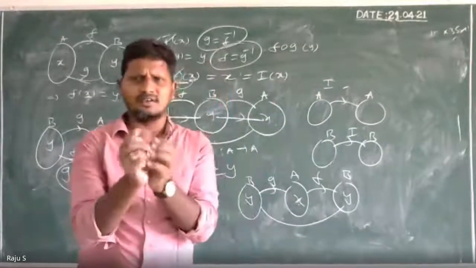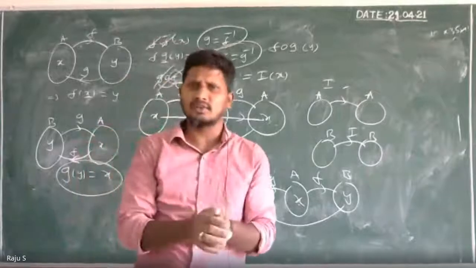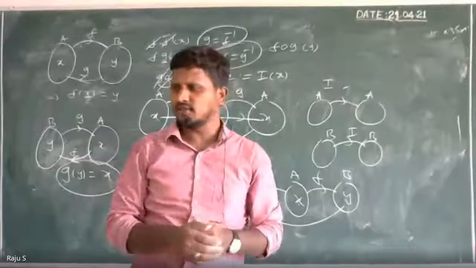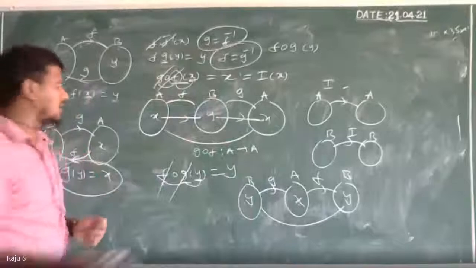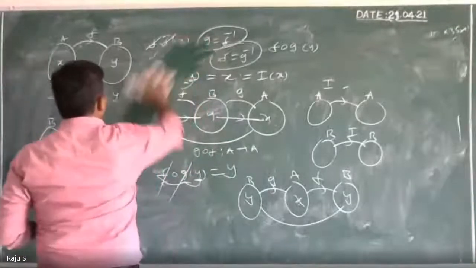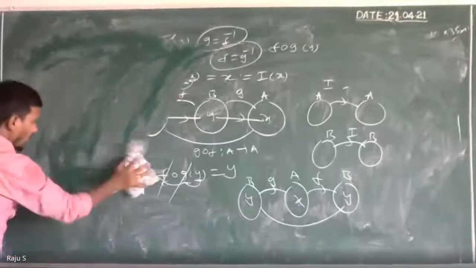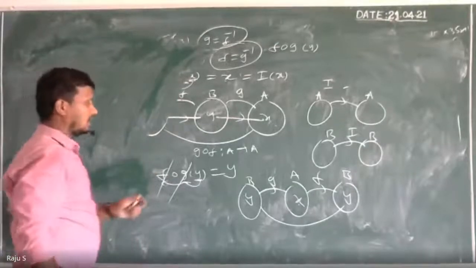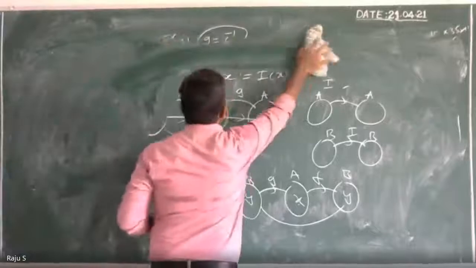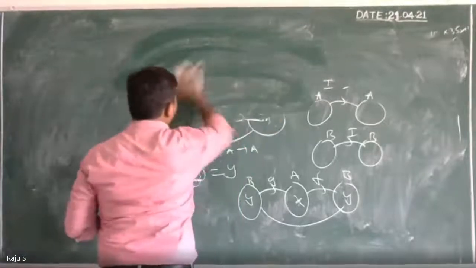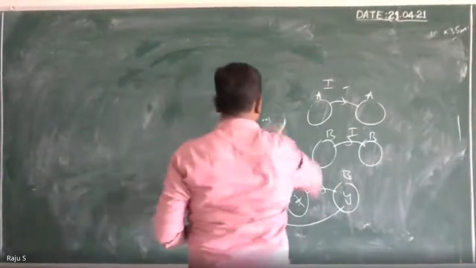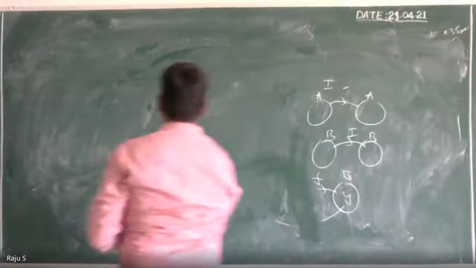Fine. So this is a concept about the inverse of a function and composite functions. Once again we'll discuss this concept in functions. But we are starting inverse trigonometric functions, so you should have an idea. The domain of the function becomes the codomain in the inverse.